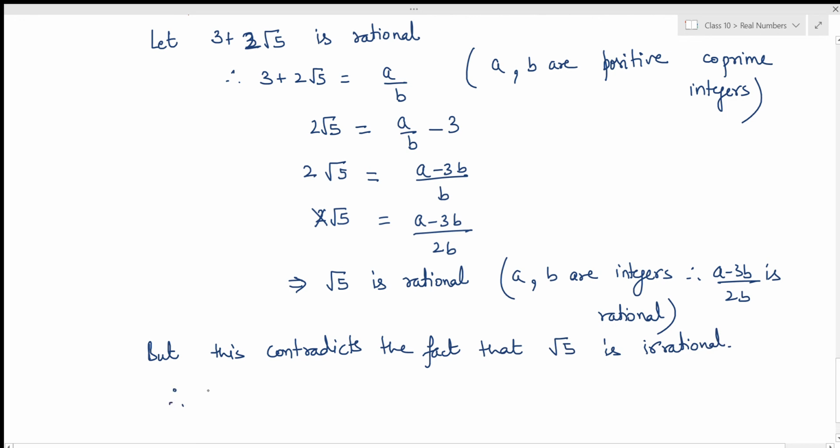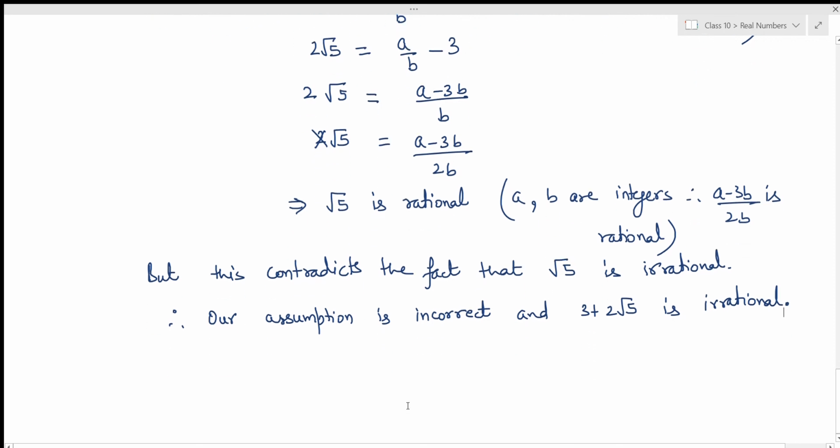So therefore our assumption is incorrect, and 3 plus 2 root 5 is irrational. I hope till here it is clear to you all.